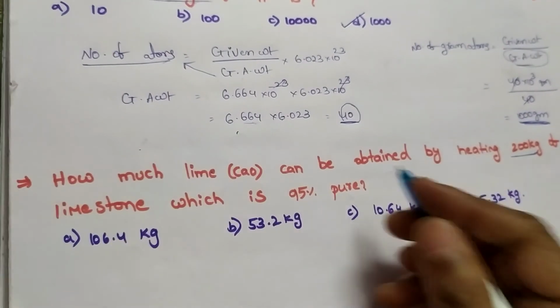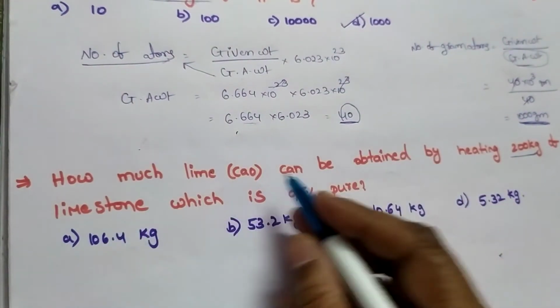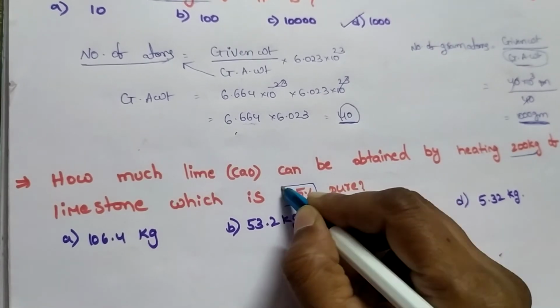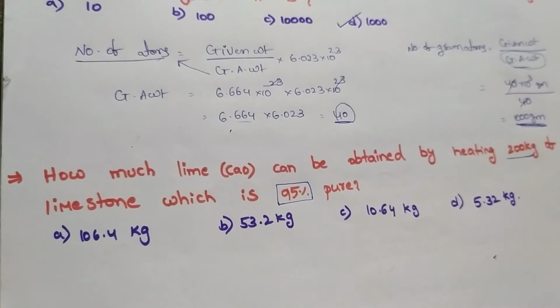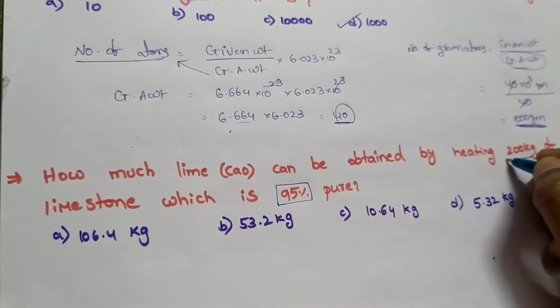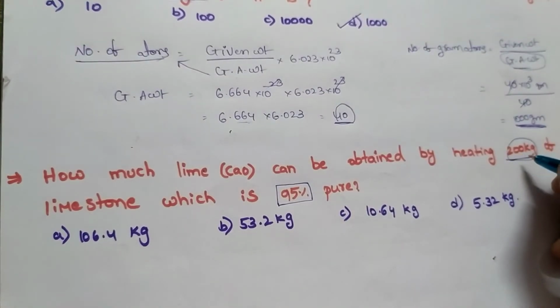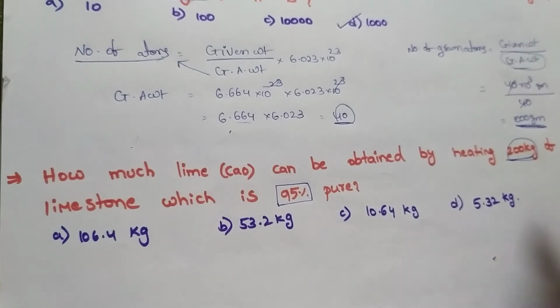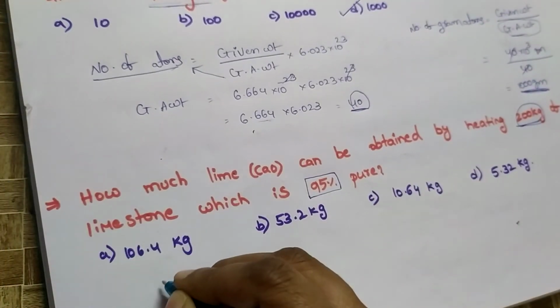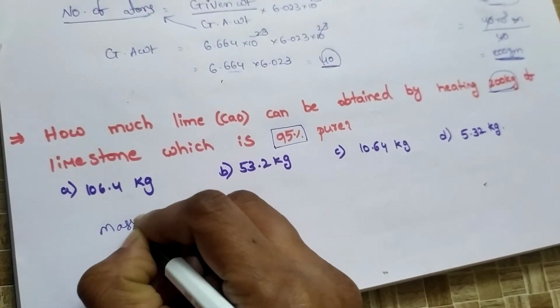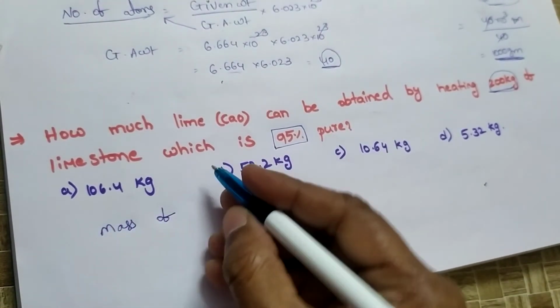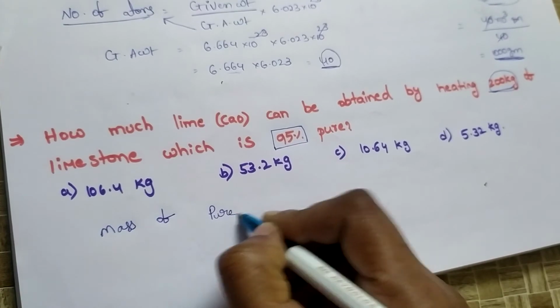But here the given limestone is only 95% pure, not 100%. So first of all, in 200 kg, 95% means how much we have to calculate. Got my point? So I want to calculate the mass of pure limestone.